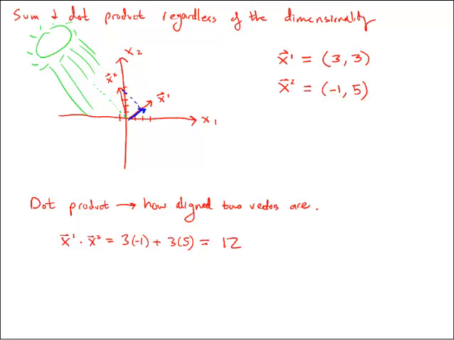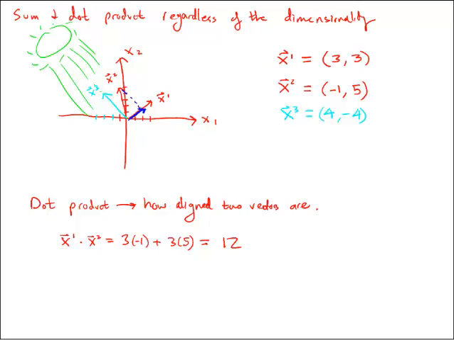So just as a quick thing, let's introduce, what color can we use? Cyan, a vector x3, which is equal to (4, -4). Where would we draw that? 1, 2, 3, 4, down 4, so that's x3.